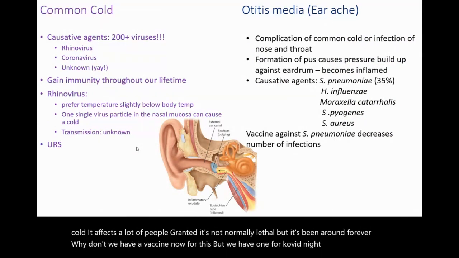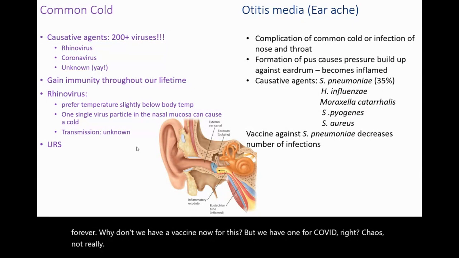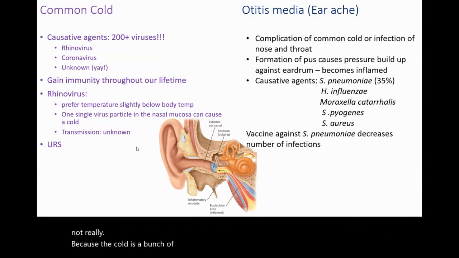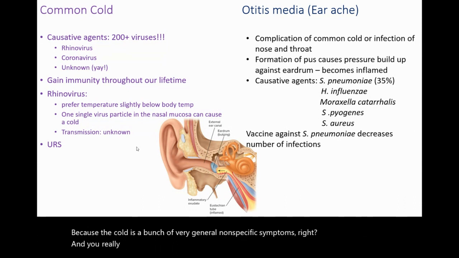Not really, because the cold is a bunch of very general, non-specific symptoms. You're really just uncomfortable. And so there are lots of organisms, especially viruses, that can cause these general non-specific symptoms.